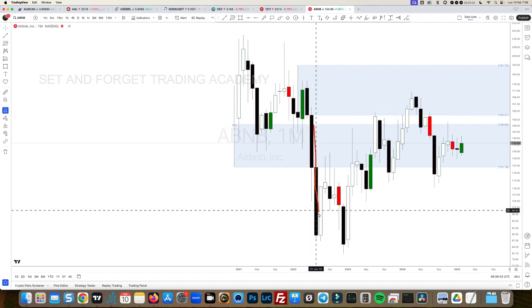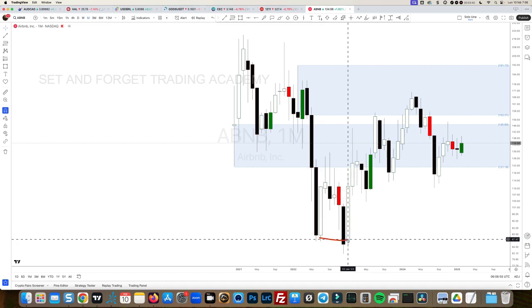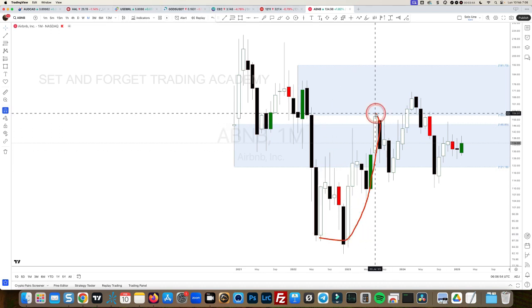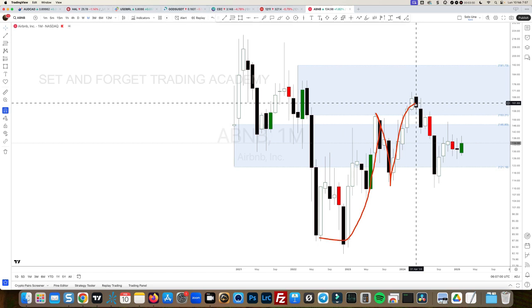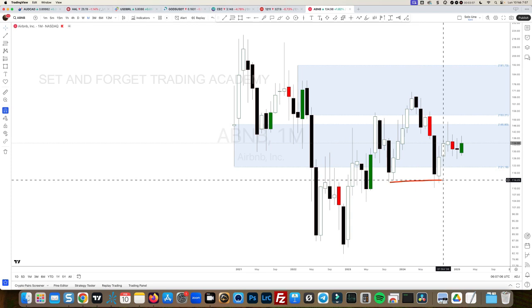So what happens? This was created at the end of July 2022. It took quite a few months, and back in July 2023 it took control, it dropped strongly, it took control again a few months later at the beginning of April 2024, and then it dropped again. It printed a lower low.